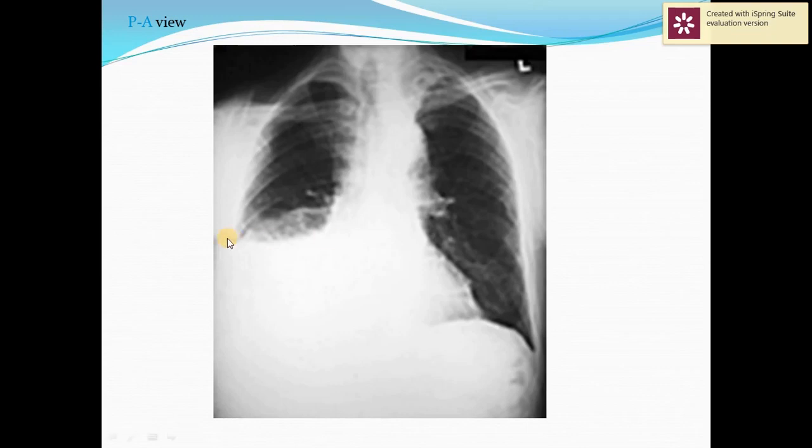As we see here, there is homogeneous opacity occupying the right lower zone, and as we can see here, silhouette sign: the right heart border is obliterated, the right diaphragm also obliterated. Consolidation possible, pleural effusion also possible, but absence of both silhouette signs denotes there is right-sided pleural effusion.